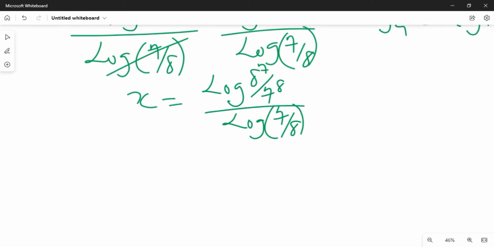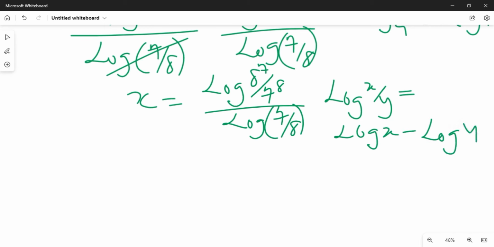Now, having gotten this, we are going to simplify our way further. Remember a law of logarithm that if we have log of x over y, that will be equal to log of x minus log of y.